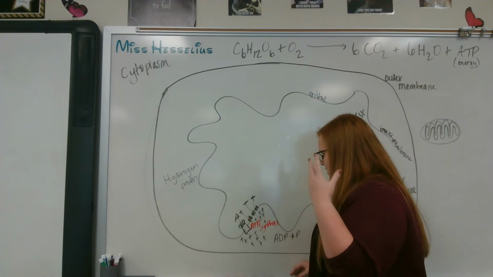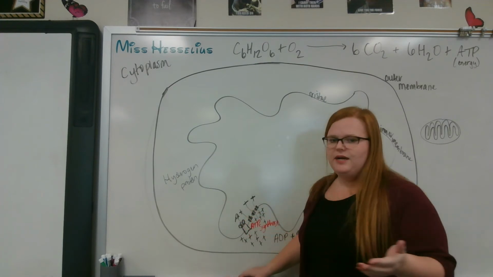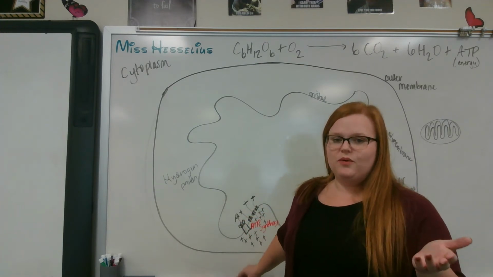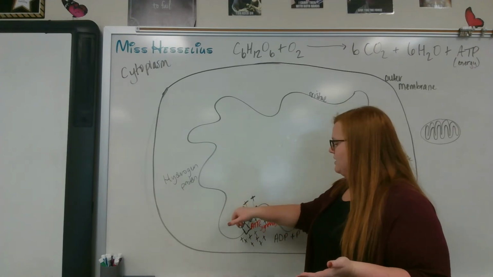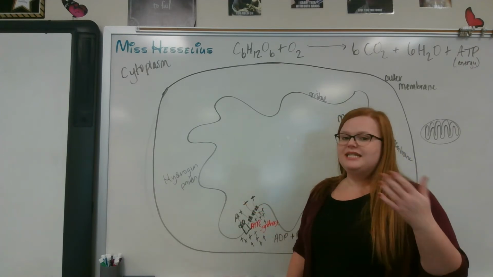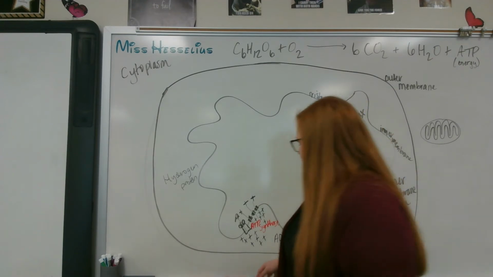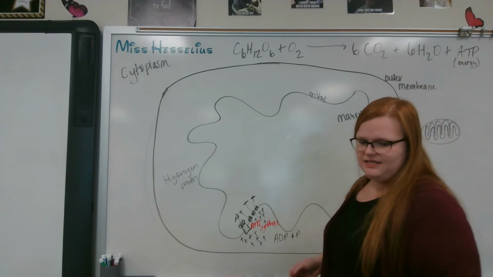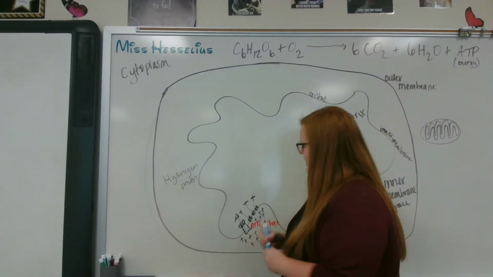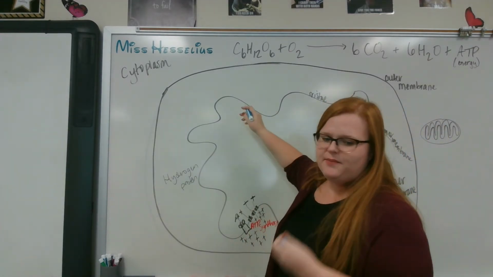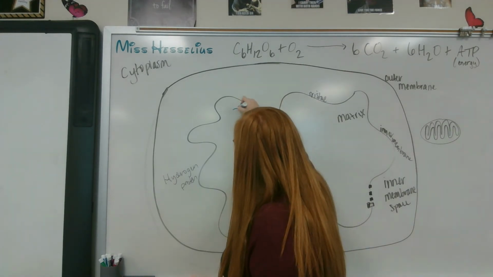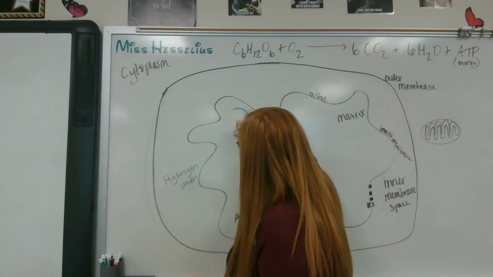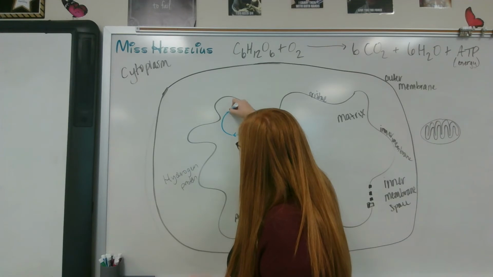So one thing you hopefully remember from transport is that active transport, going from low concentration to high concentration, takes some energy. So where we get this energy from is electrons. There's a process up here called the Krebs cycle, which we'll get to in a few minutes.